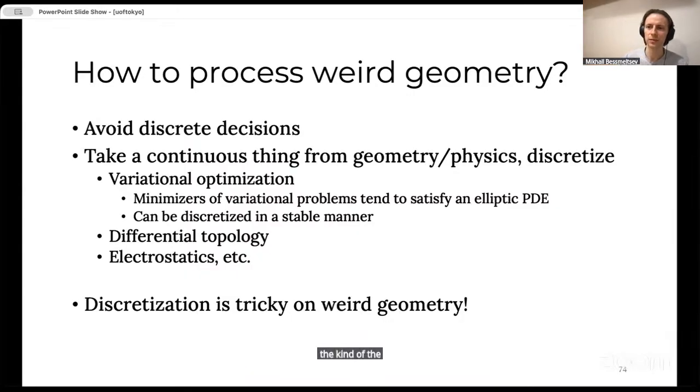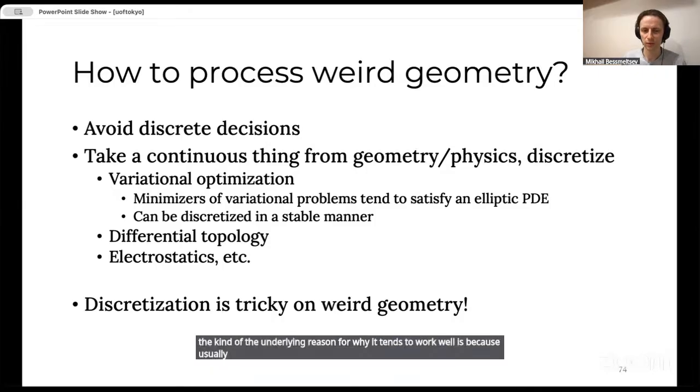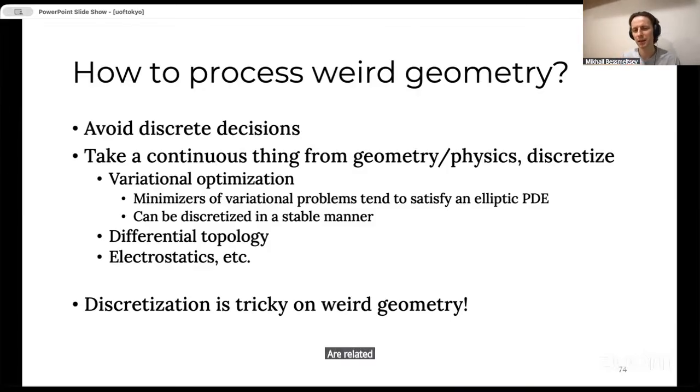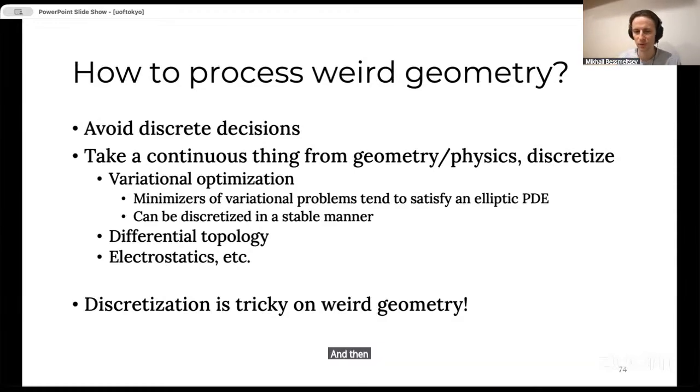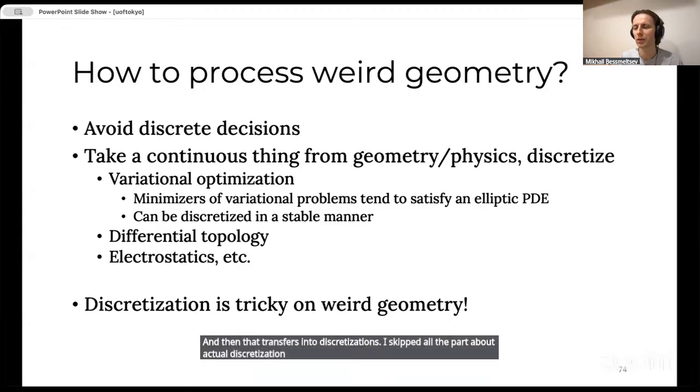The underlying reason why it tends to work well is that usually the minimizers of variational optimizations are related to elliptic PDEs, and elliptic PDEs tend to be very stable and tend to produce smoother solutions. That transfers into discretizations. I skipped all the part about actual discretization. It's a little tricky on weird geometry, but for that, you have to look at the actual papers.